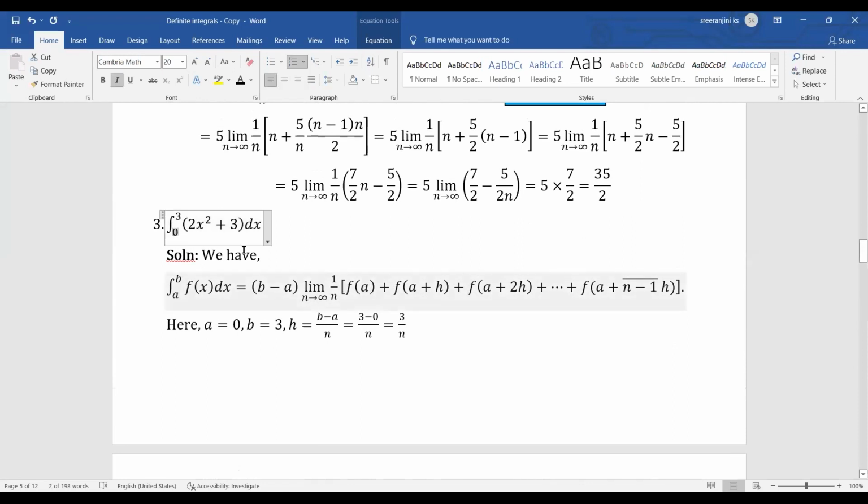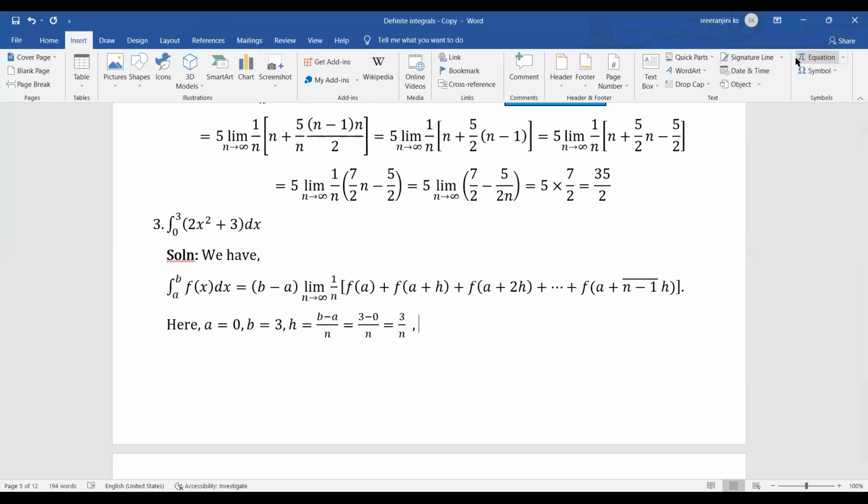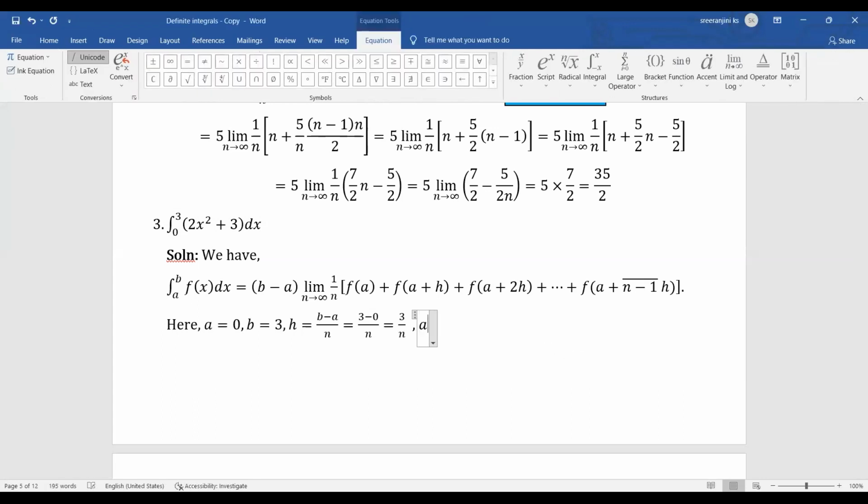Therefore, it will reduce to f of 0, then 0 plus h, that is f of h, 0 plus 2h. If a equal to 0, f of a equal to f of 0, right?